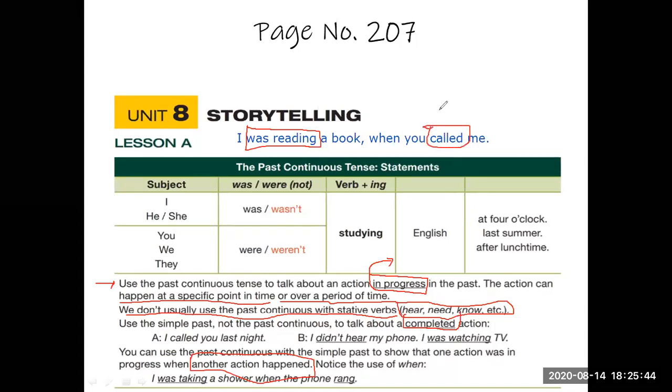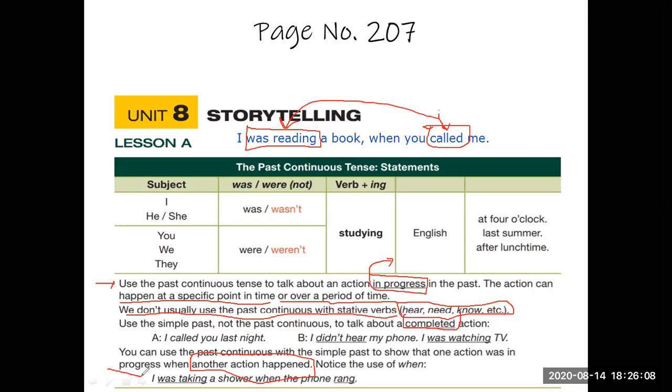So this action interrupted this action. In that case, you can use both. Another example you have here is, I was taking a shower when the phone rang. I was taking a shower. That was the action that was in progress in that moment.